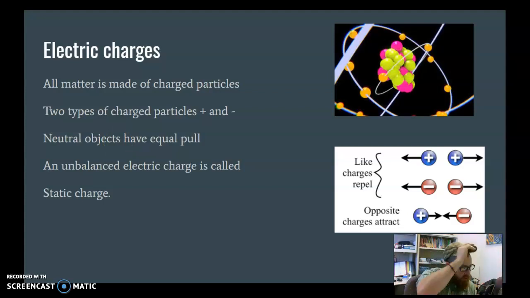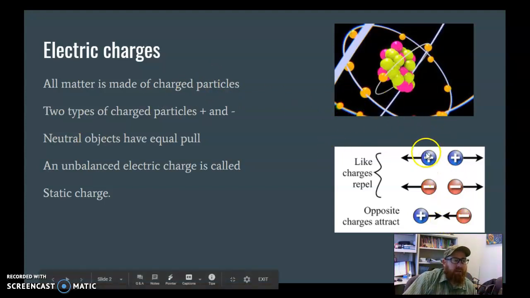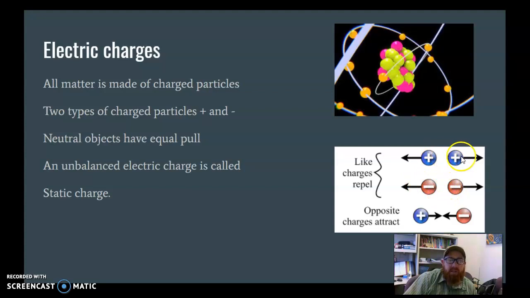But what we're looking at here is how these things repel or attract each other. So like charges are going to repel each other. Positives and positives repel each other, negatives and negatives repel each other, but opposite charges attract each other. They're going to try and neutralize each other out.